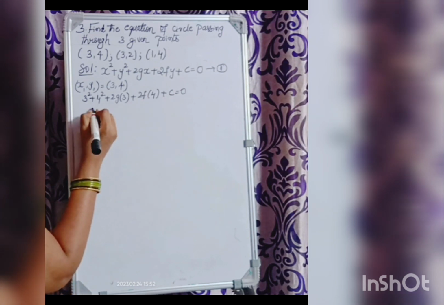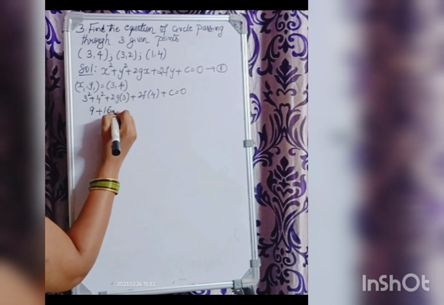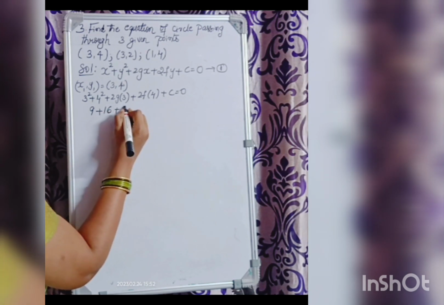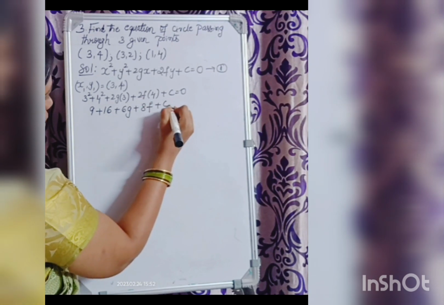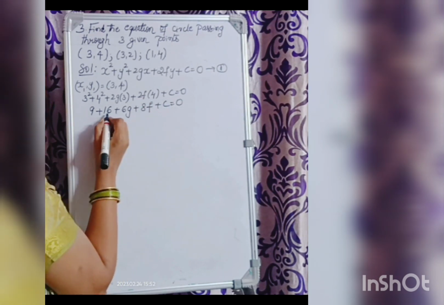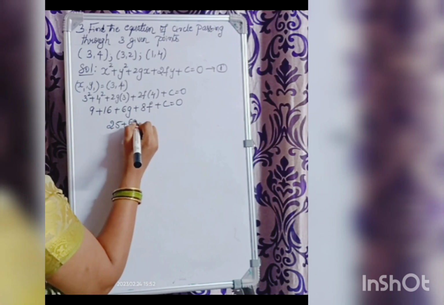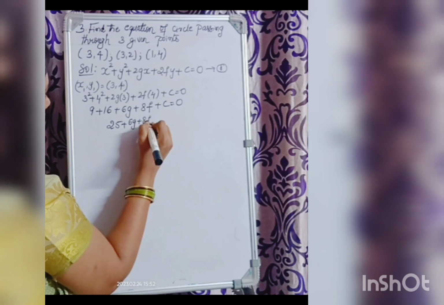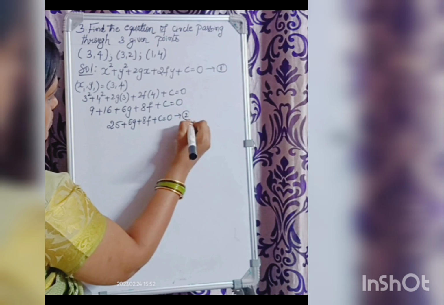In other words, 3 squared is 9, 4 squared is 16, plus 3 × 2 is 6g, plus 8f plus c is equal to 0. So it is 25 + 6g + 8f + c = 0. I'll call this equation 2.